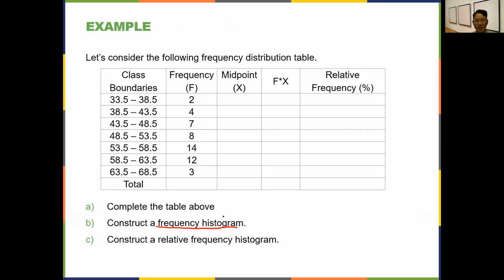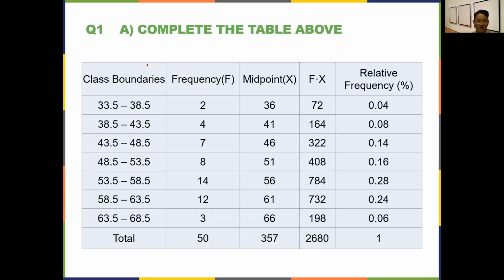Frequency histogram uses which column? Well, the frequency histogram uses this class boundary as the x-axis and frequency as the y-axis, right? So let me start from what? 33.5, right?